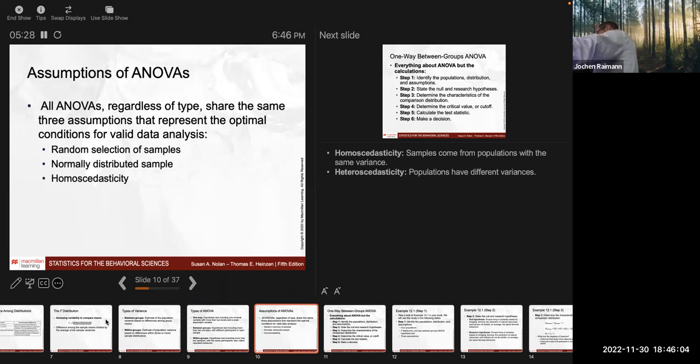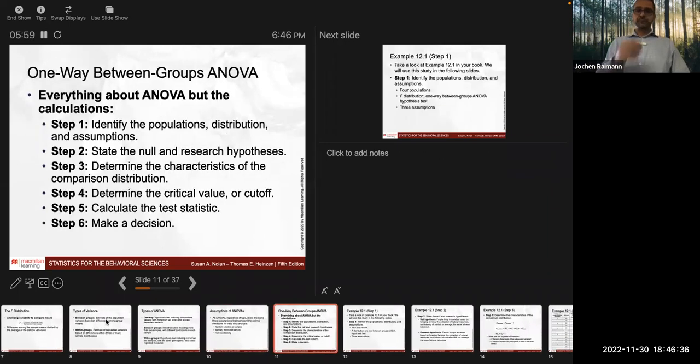So it should be somewhat comparable. Homoscedasticity is also important for regression analysis, so I'm flagging the topic. This will also be on the quiz. So homoscedasticity is comparable variability throughout your groups, and for regression, it's over the entire range of available data. Heteroscedasticity would be the opposite, which means there's variability in your variability, meaning the variability is different between the groups.